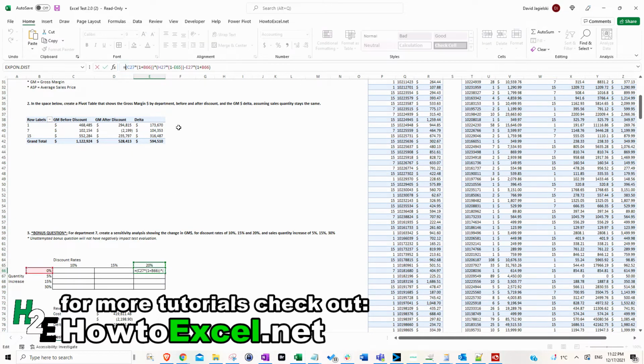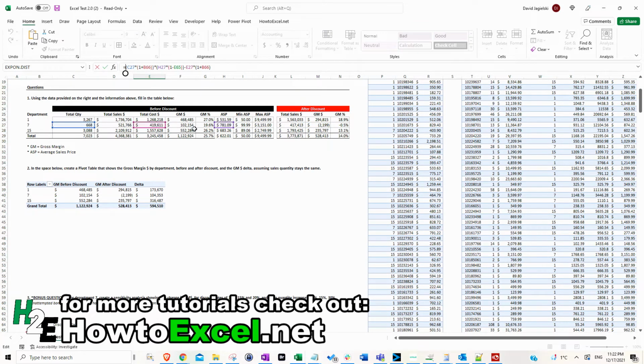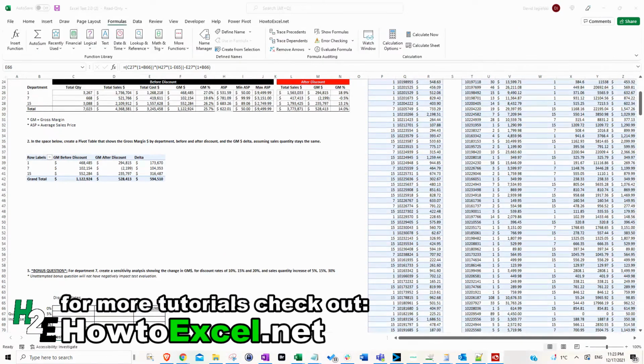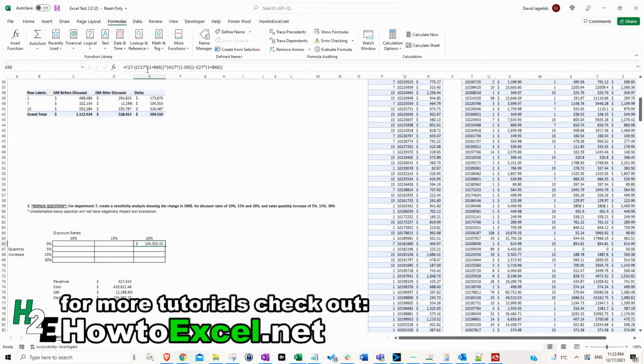And now what I can do at the very beginning is pull in that original gross margin amount, subtract, and no, that's not what I meant to do. I actually need to create another bracket around all of this just to make sure this is all calculating separately. So now I've got my gross margin. And there we go. That looks right at 104.35.